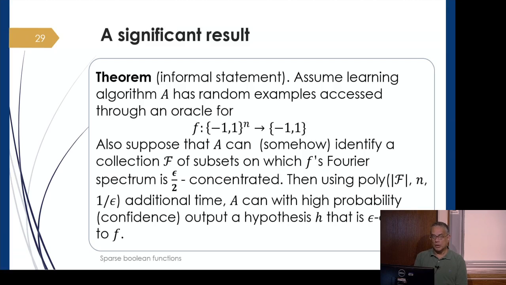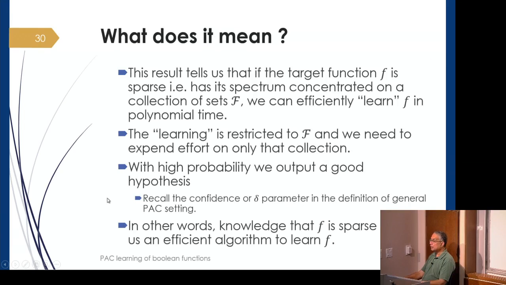First, we are using a few terms of the Fourier spectrum of the Boolean function f we are trying to learn. And second, we have this concept of error, which is interpreted to be distance, and that's epsilon. Through that, we have a framework for talking about how well we are learning, which is this polynomial in the three terms we have so far, with high probability, which implicitly gives us delta.